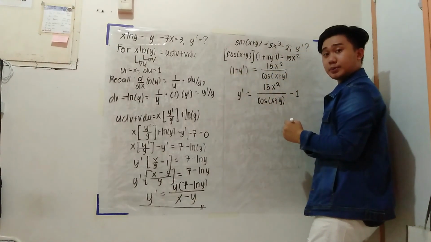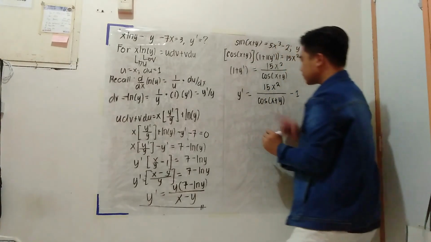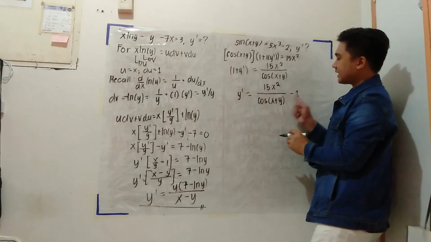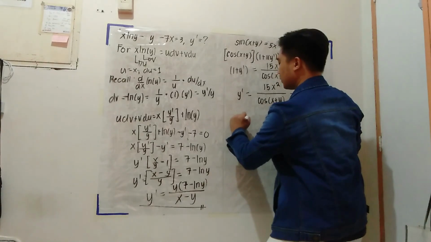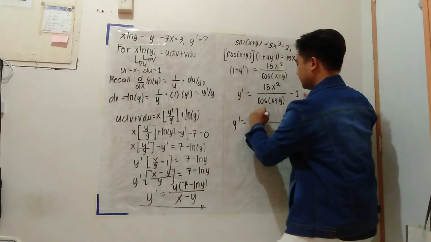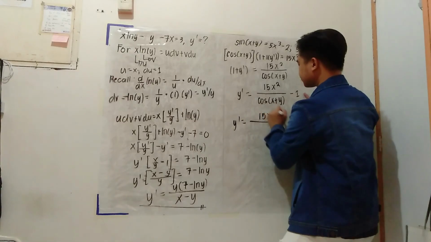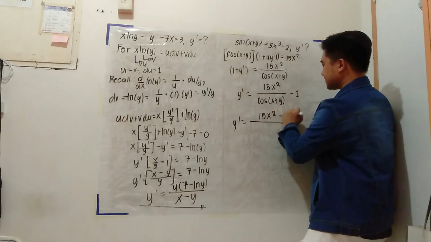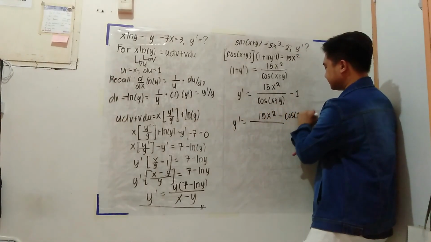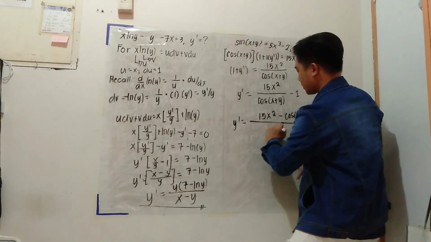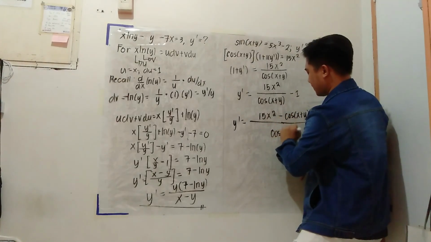I just transposed it. If I want to simplify further, I just multiply it there. Y prime is equal to 15x squared minus cosine of x plus y all over cosine of x plus y.